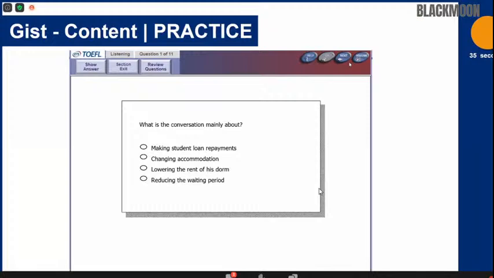Well done, Edna and Sarnaver. It is indeed two, changing accommodation.